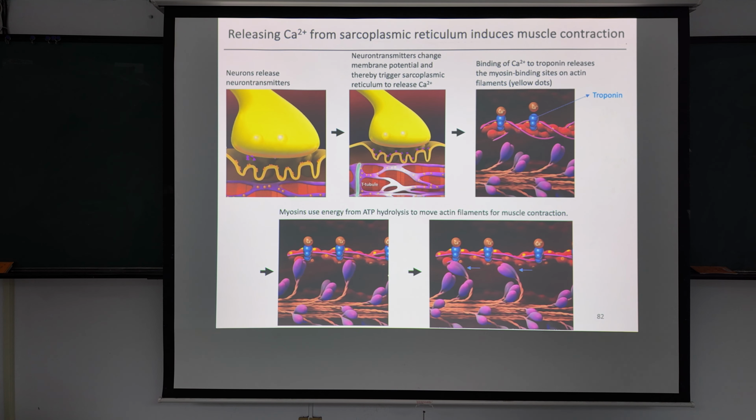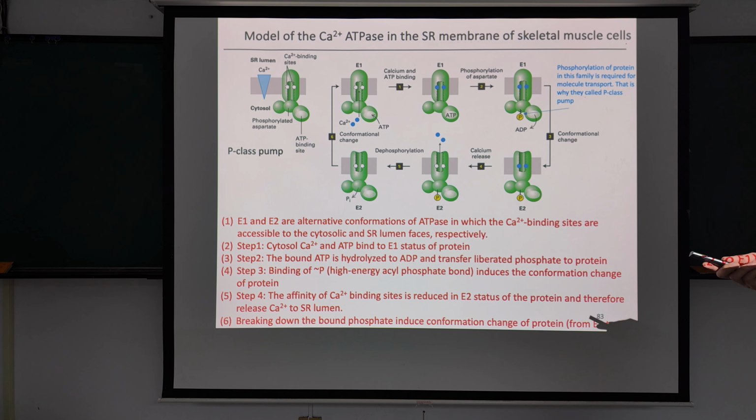Okay, and the point is that the cell can store so much calcium ion in the sarcoplasmic reticulum because it is all driven by calcium ATPase, or ATP-powered pump.